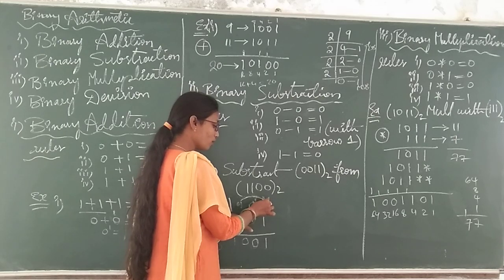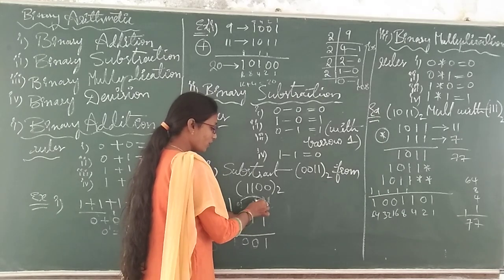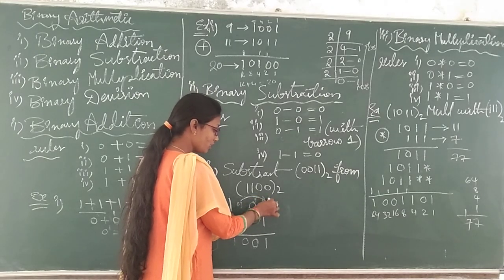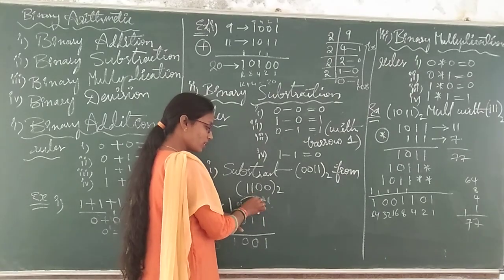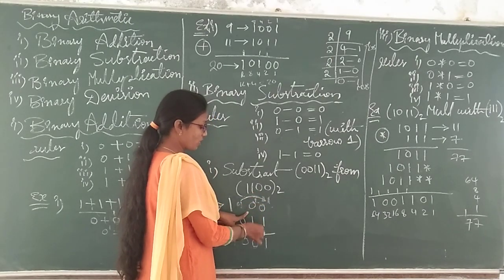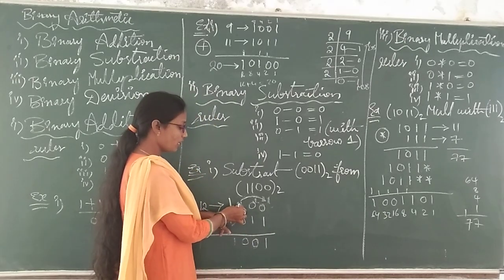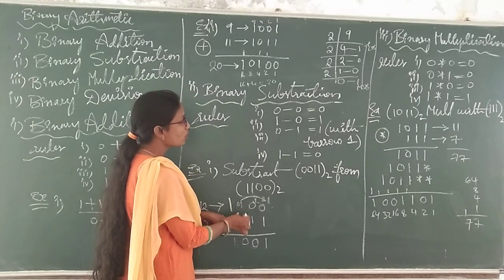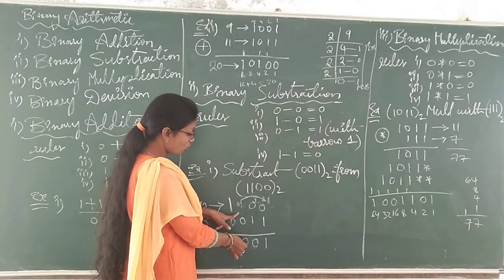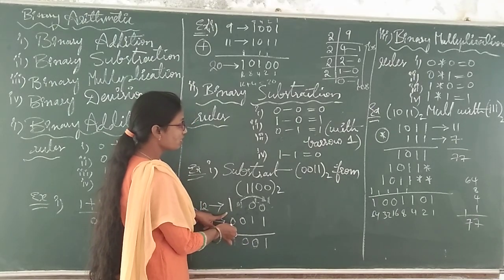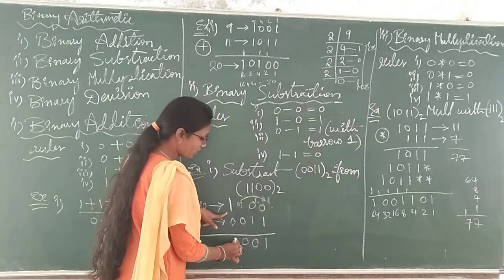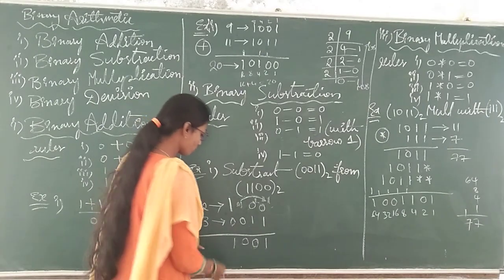It takes this borrow, and it gives this borrow to the first one. 1 minus 1 equals 0. The next, here the 0 is there. 0 minus 0 is 0. And next, 1 minus 0 is 1.